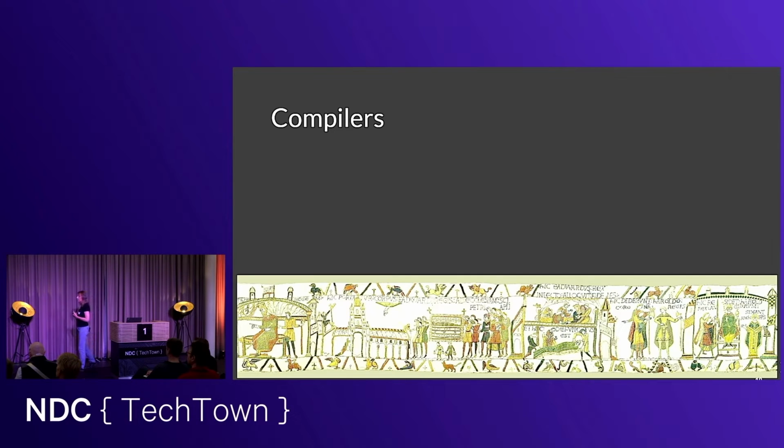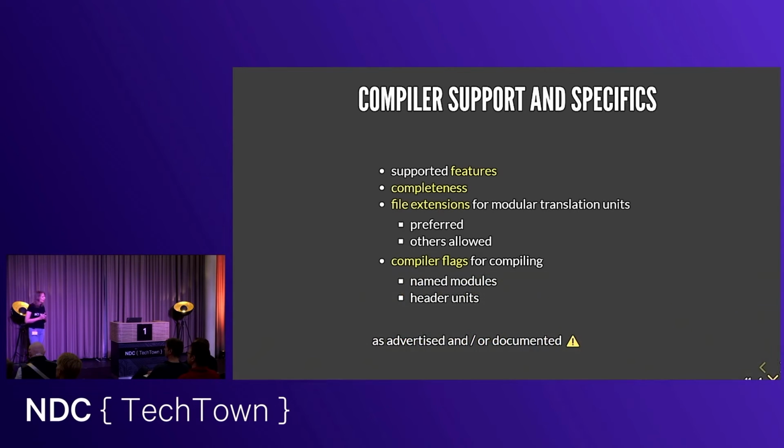The next section is about the status of compilers and their module implementation. First, we will look at what each of these compilers self-assess through their documentation or other means of communication.